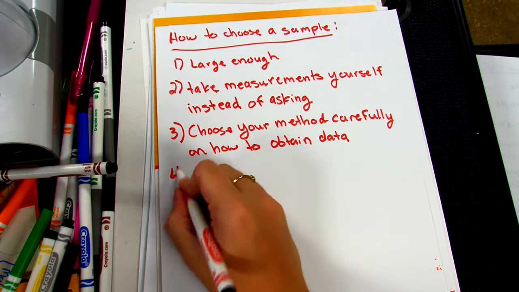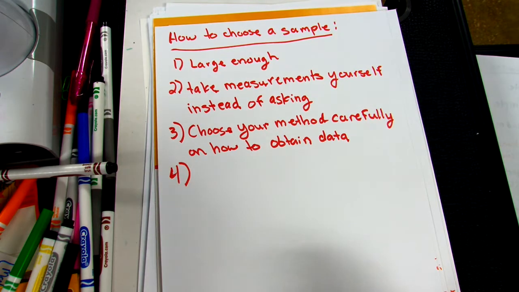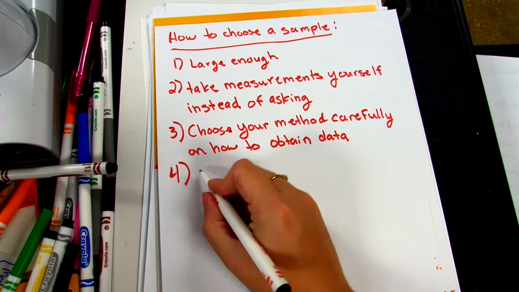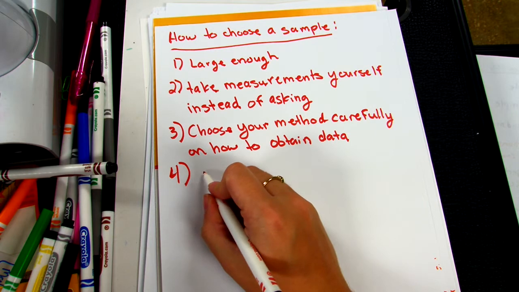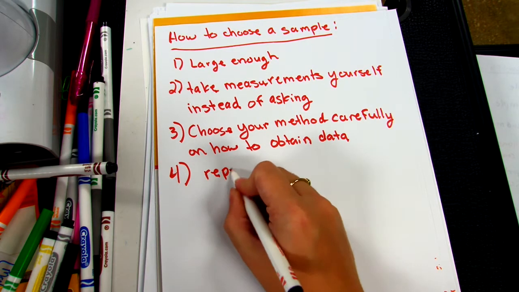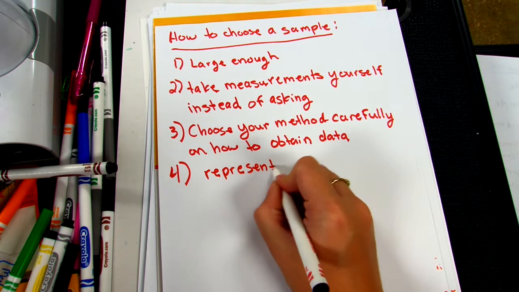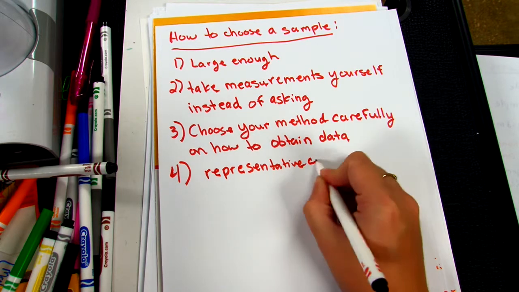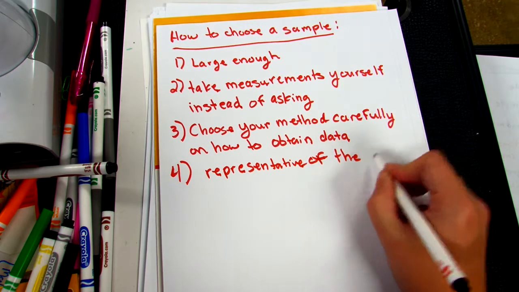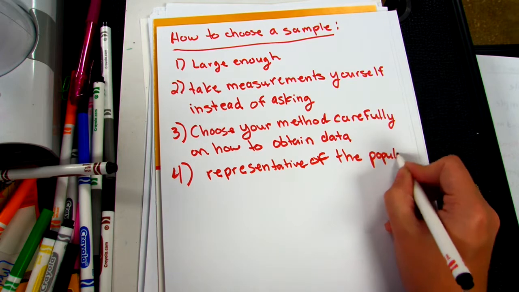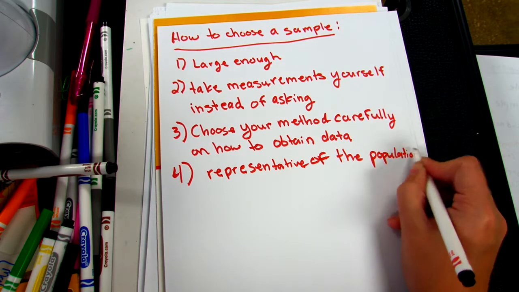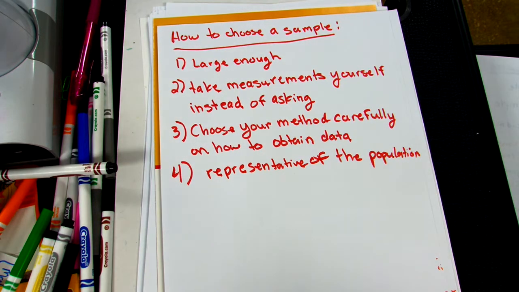Okay, so next thing that you need to know, make sure that samples are representative of the population. Okay, so you want average samples. You don't want to go to the extremes.